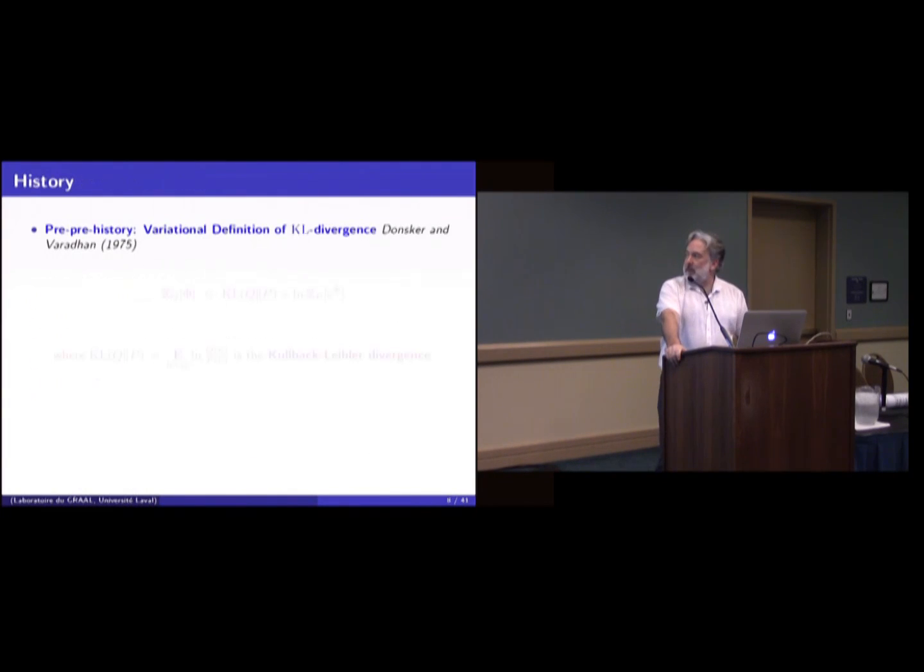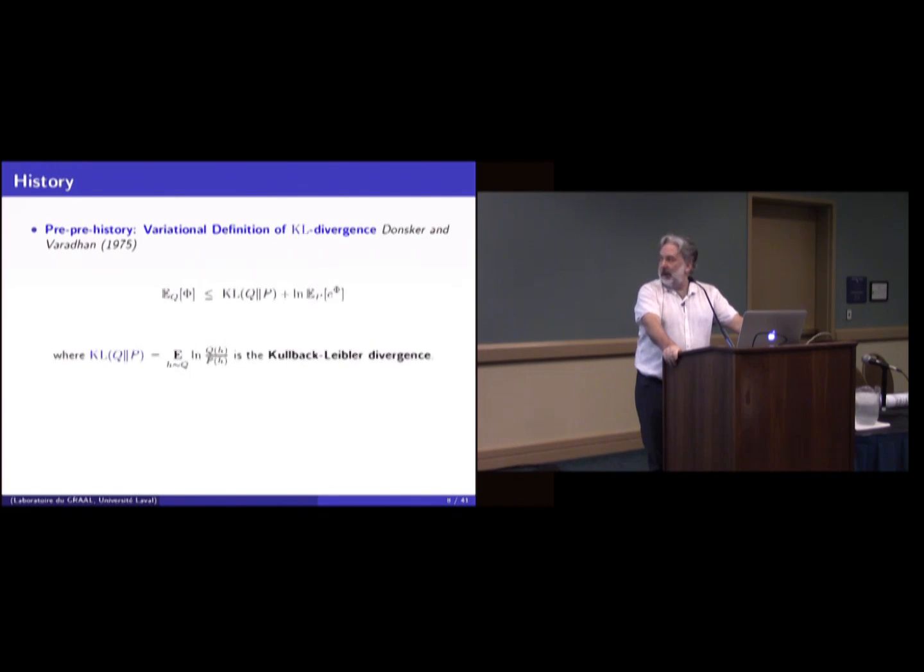Now some PAC-Bayesian bounds, so a bit of pre-history. Everything started in 1975, even if the people who were working on that didn't know a thing about machine learning. It's about variational and other theories.